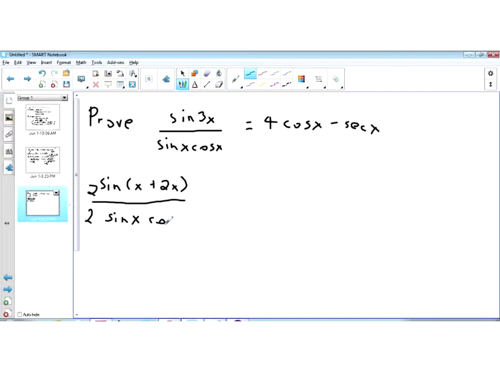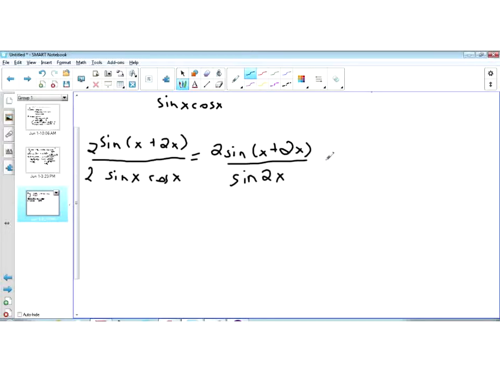Okay, which we know to be sine of 2x. So this would be 2 sine x plus 2x over sine of 2x. Okay, so continuing forward, we can use the sine of a sum.